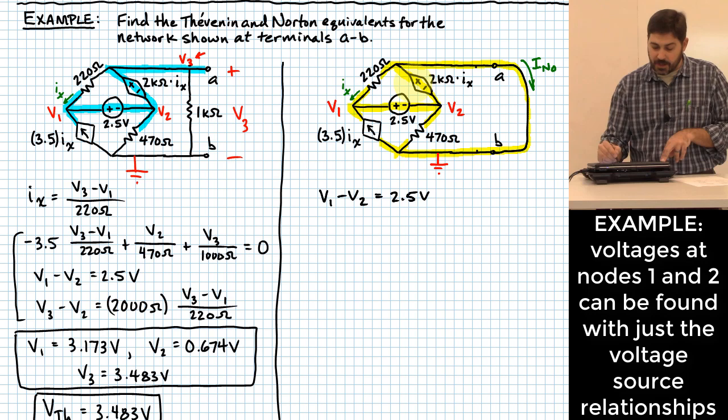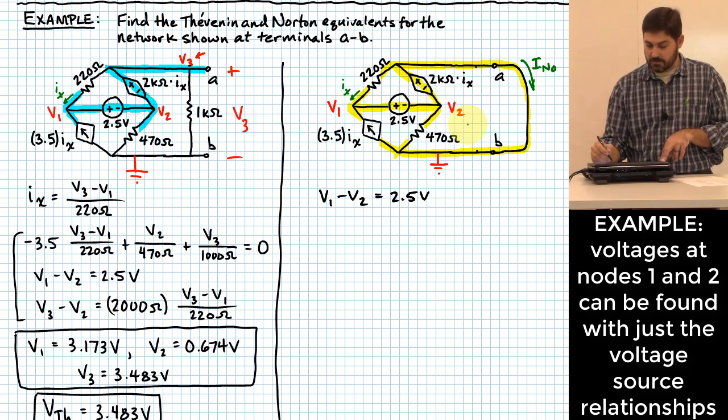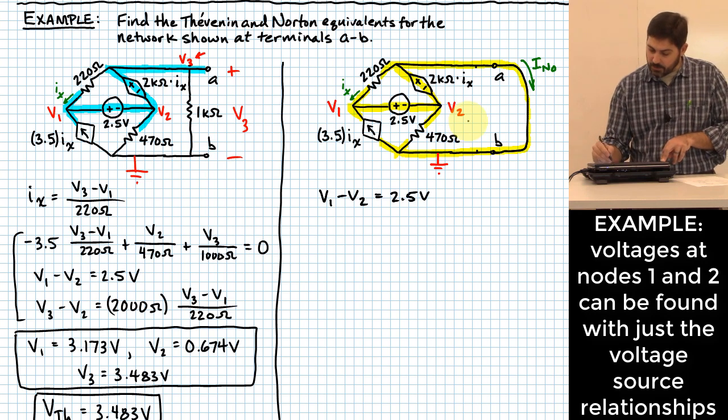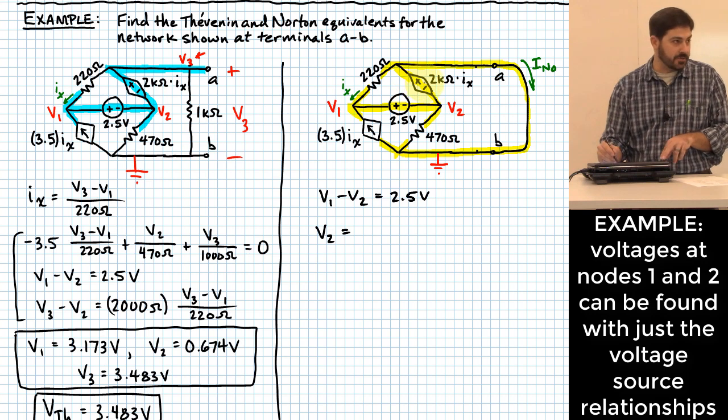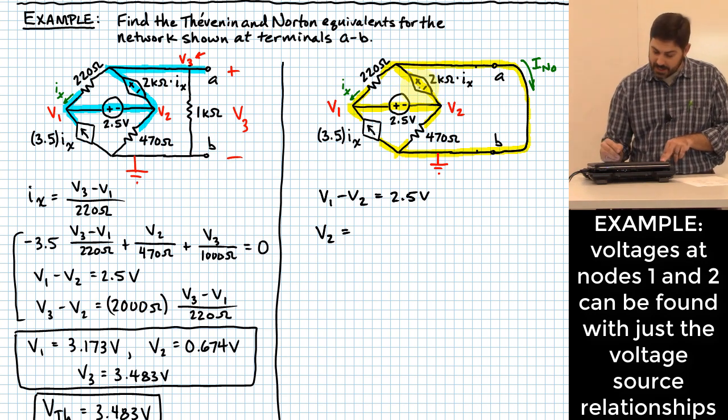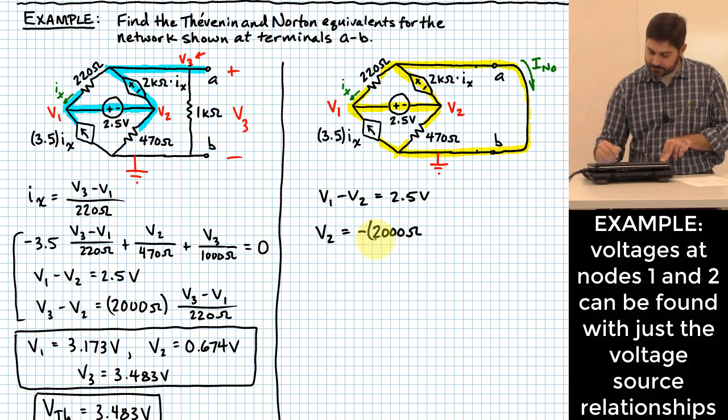Can I do that for the other voltage source, the dependent one? Yeah, I can. V2 is going to be equal to, now be careful because of the polarity of this source, V2 is actually going to be equal to negative 2,000 ohms times IX.